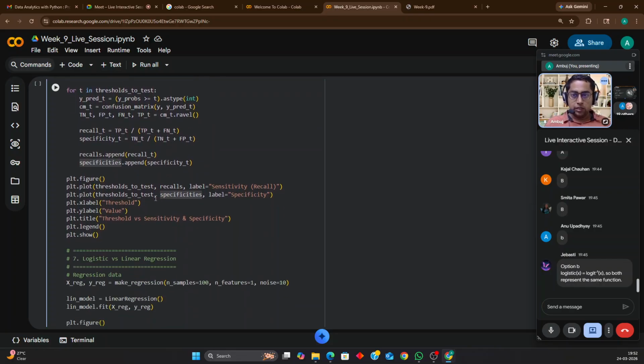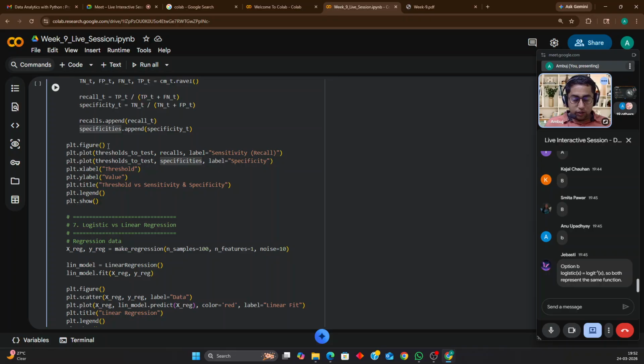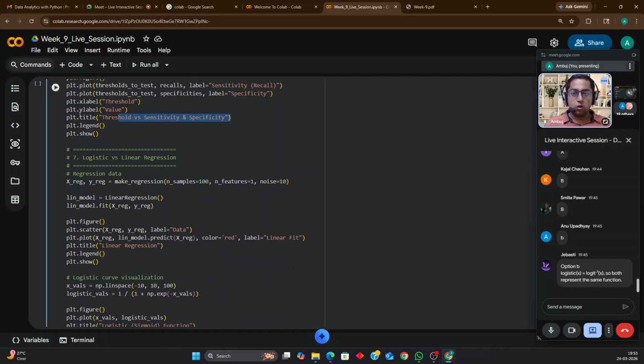That is the thing. Plotted the figure: threshold versus specificity and sensitivity, all the plots are formulated.